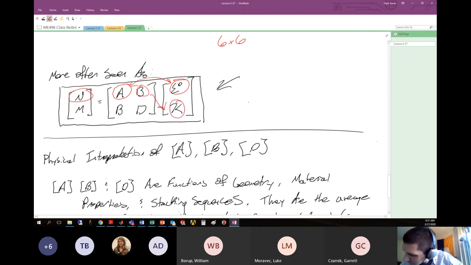So A is the stiffness that relates the applied loads here, the longitudinal loads N, to the longitudinal strains that are developed. That makes sense.